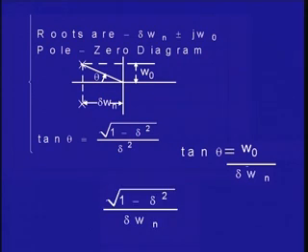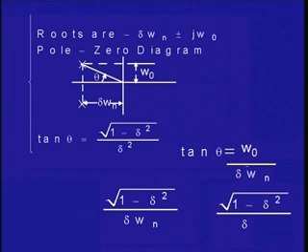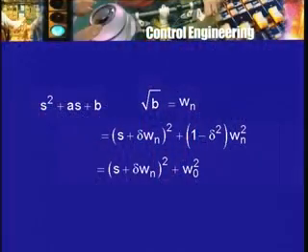But omega 0 is square root of 1 minus delta square multiplying omega n, divided by delta omega n, and therefore this becomes square root of 1 minus delta square divided by delta, which is different from the expression that I wrote earlier. Now, most textbooks follow this convention rather than the one that I mentioned earlier. So, in other words, let me repeat it once again and emphasize. You take the quadratic s squared plus as plus b.